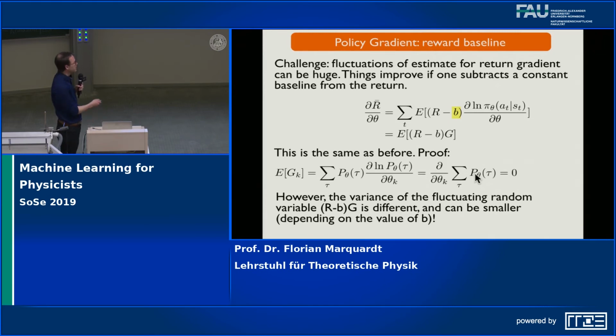Now this is still not everything, but if I now sum over tau, the sum over tau of p of tau is simply 1, because my probabilities are normalized. The sum over all trajectories of the probability to get a certain trajectory is 1. So taking the derivative of this with respect to a parameter is simply 0. So that is a little calculation.